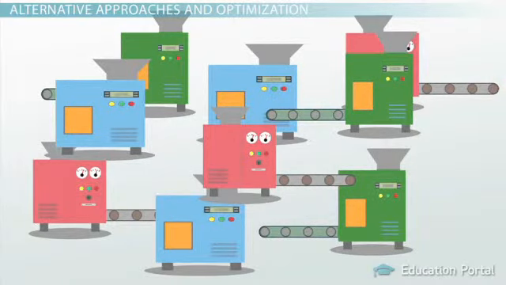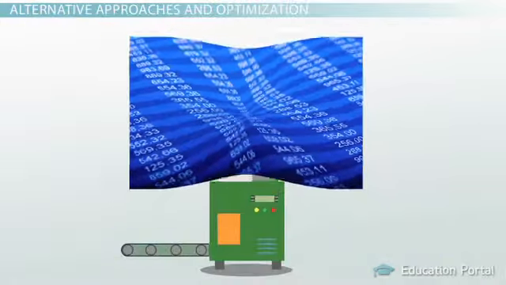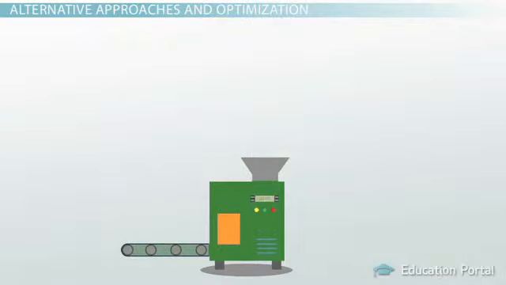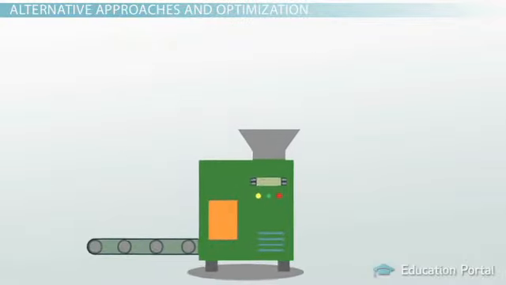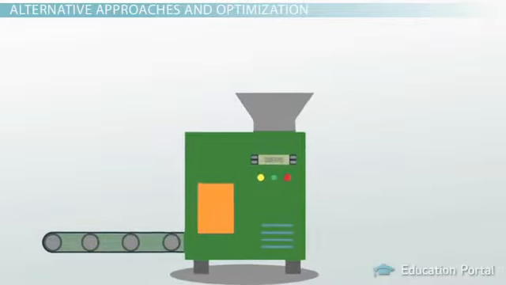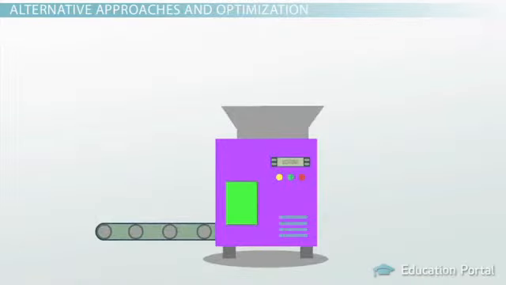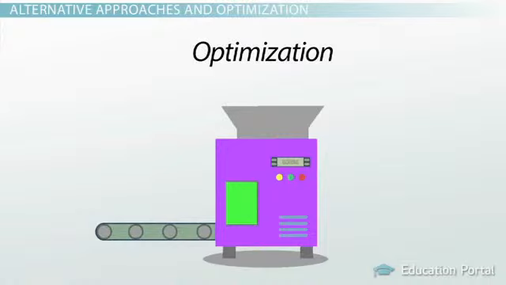The data sets can also be very large, and may need to be processed repetitively. As a result, processing speed matters. Alternative algorithms may require less time to find the correct answer. This is known as optimization, the process of finding the most computationally efficient algorithm to solve a particular problem.